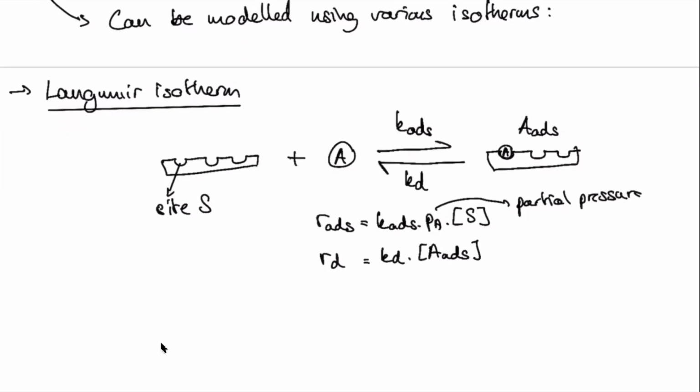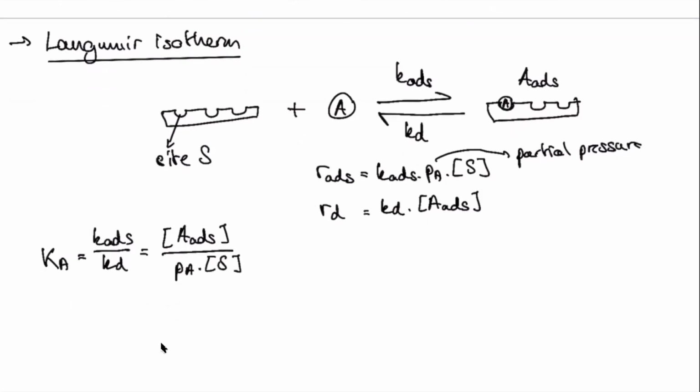Okay, so we can now write the equilibrium constant, Ka will be K_ads over K_d, which would be the concentration of A adsorbed over Pa times S. Okay, and we can do conservation of mass.